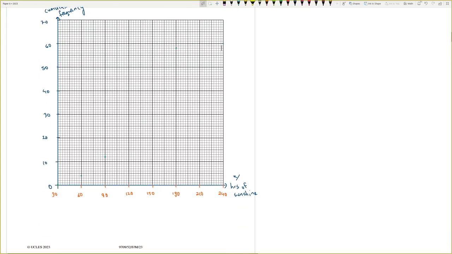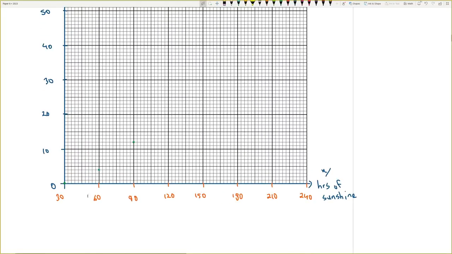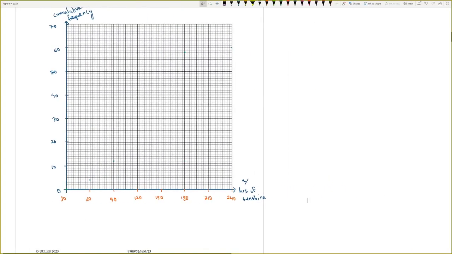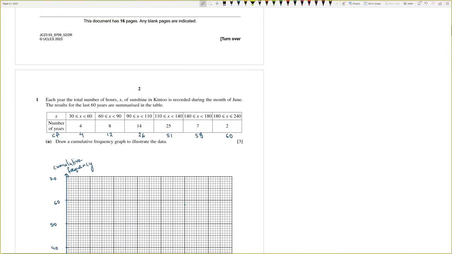Okay, so the middle 2 points, the problem with this graph is like we have odd numbers here, right? So I'm considering going for a different scale, honestly, like 40.